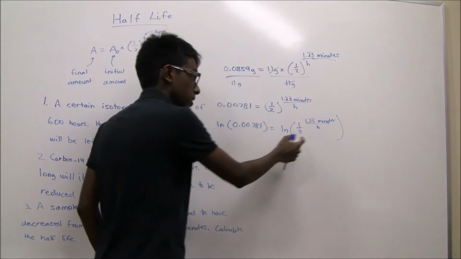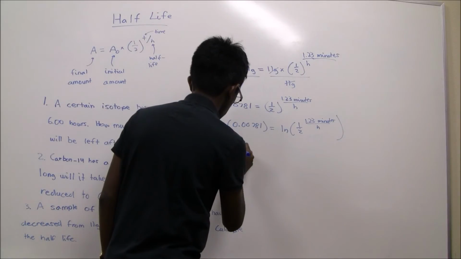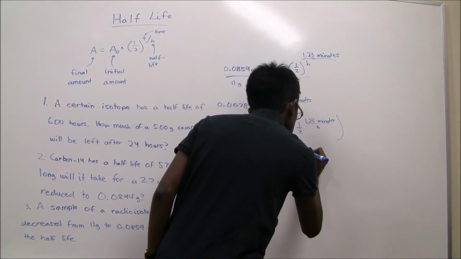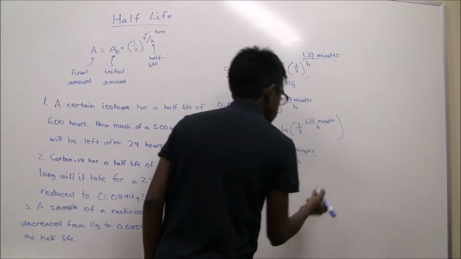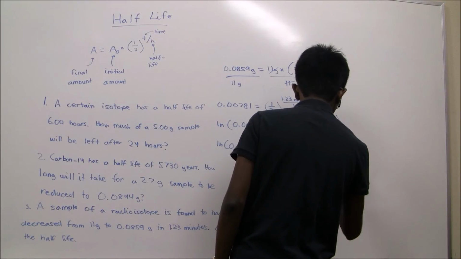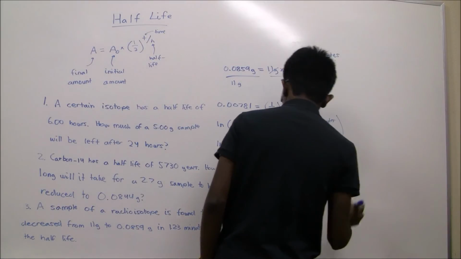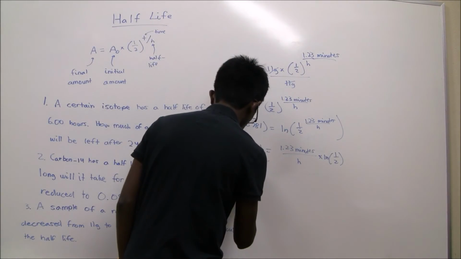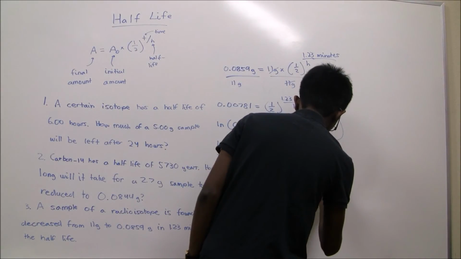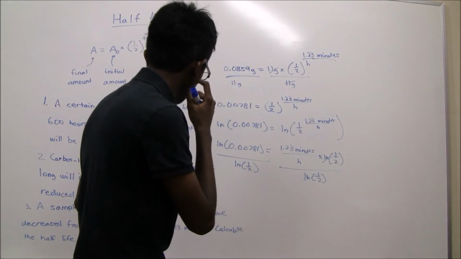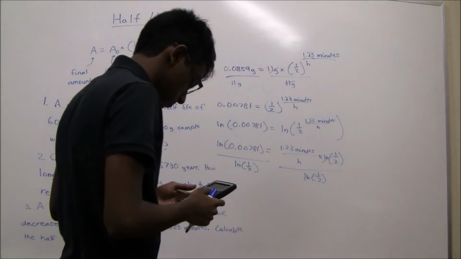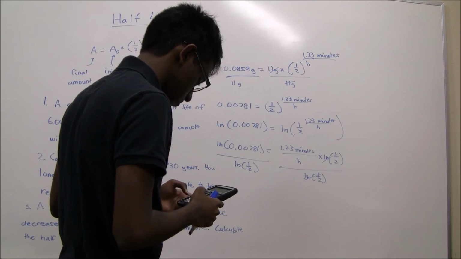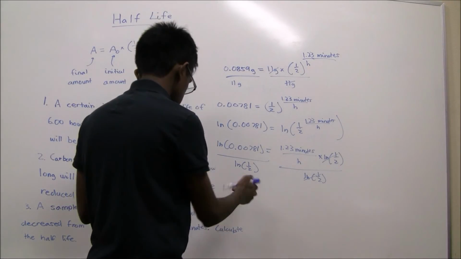Alright, then the exponent becomes a coefficient, and then I'm going to divide both sides by the natural log of 1/2. That's going to get me 7.